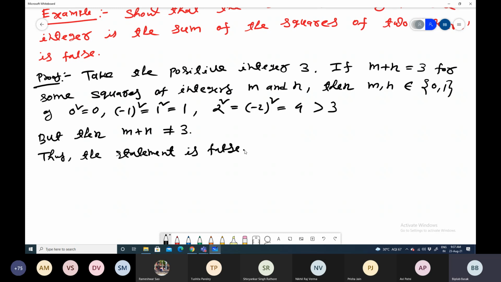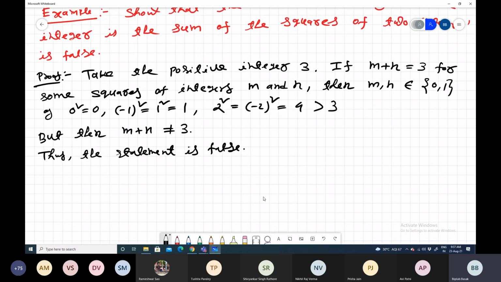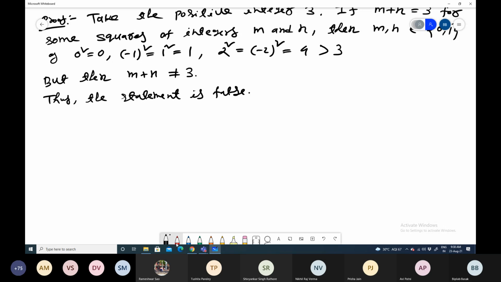In general, if direct proof and indirect proof do not work, then you can go for proof by counter examples. We will discuss this when we talk about proof strategies. Now there is another type of proof.